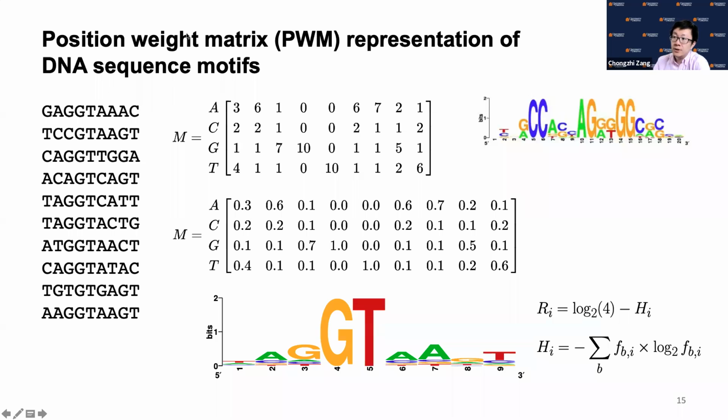The position weight matrix is one type of representation of recurrent DNA sequences, or DNA sequence motifs, that a transcription factor binds.